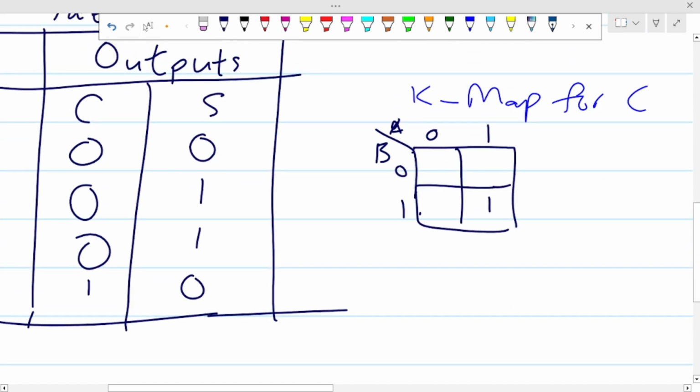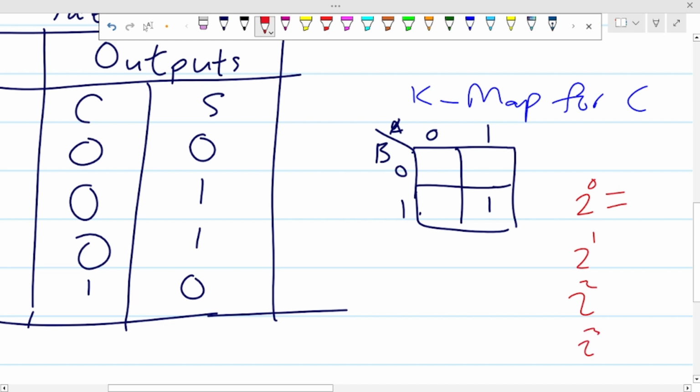So since we have gotten our K-map, now we can derive the Boolean expression, the logic expression, from it. There is a rule. You circle groups of 2, in the sense of 2 raised to power 0, 2 raised to power 1, 2 raised to power 2, 2 raised to power 3, and so on.